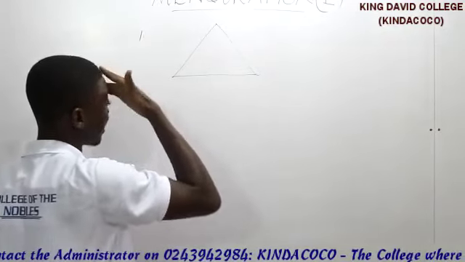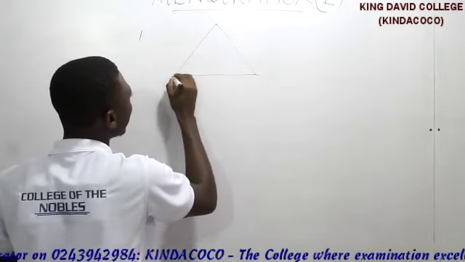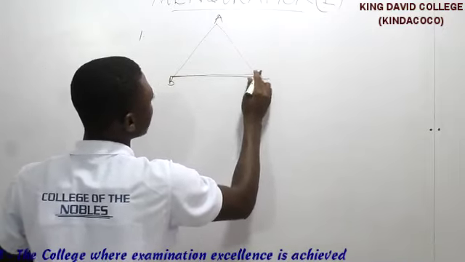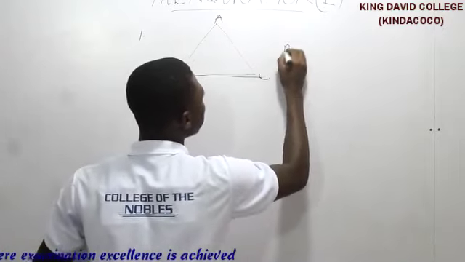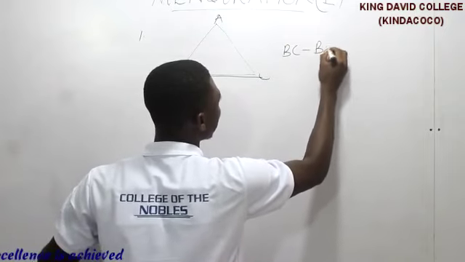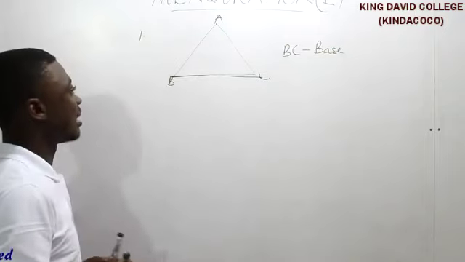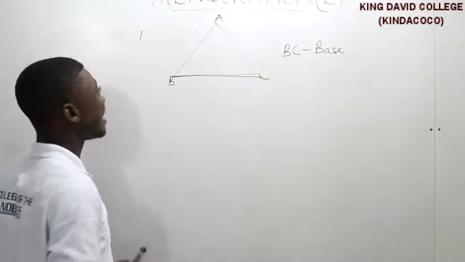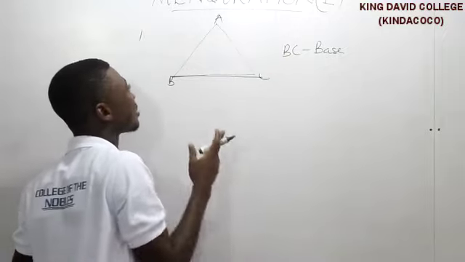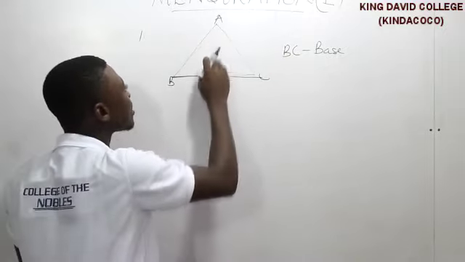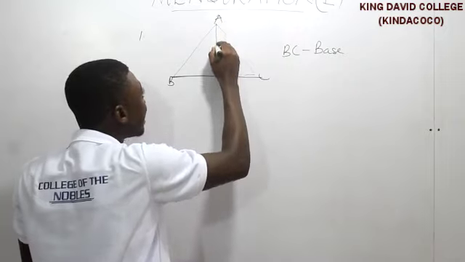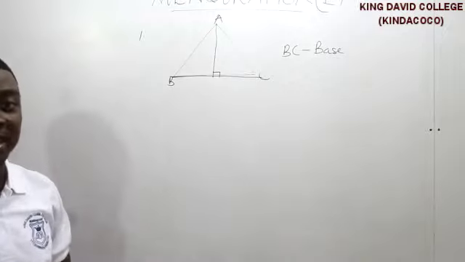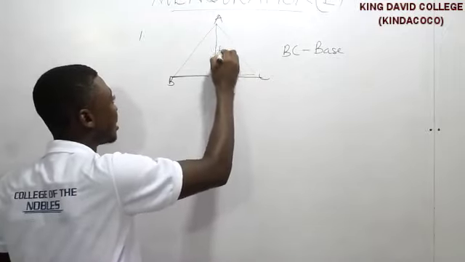So we have this triangle here, and let's name it A, B, C. Then the line BC will be called the base of this triangle, and then this is not a height because it's slanted. But when we want to find the area, we need to actually get the vertical height, which is making 90 degrees with the base. So the vertical height, we will call it the height of the triangle.